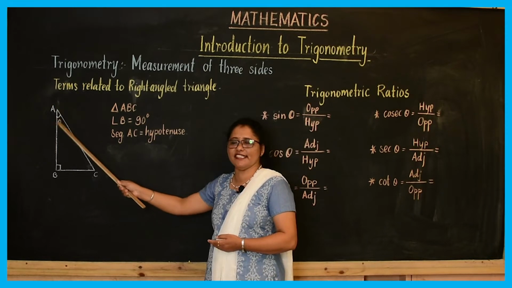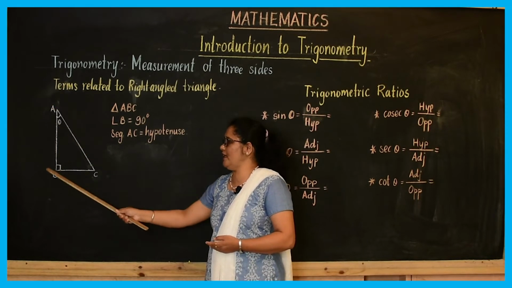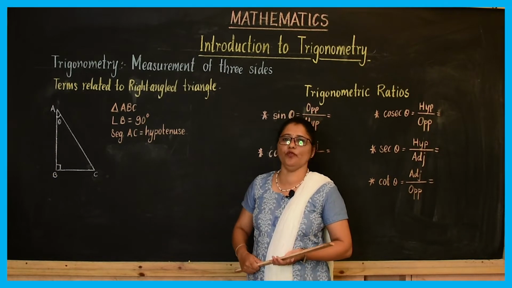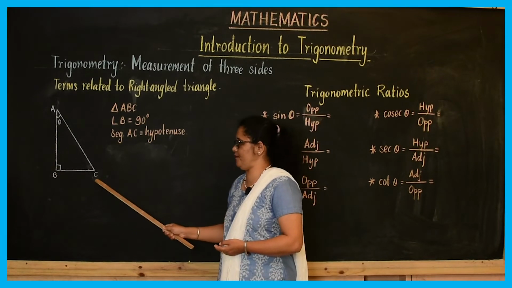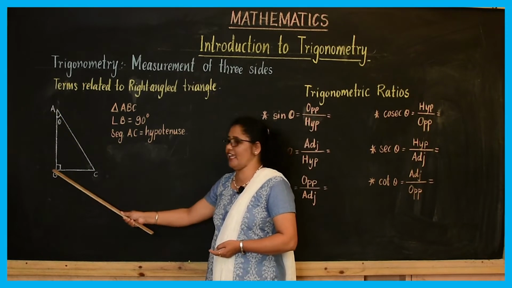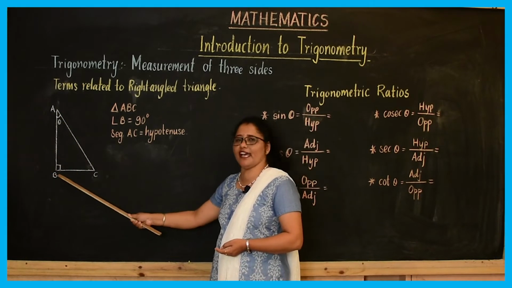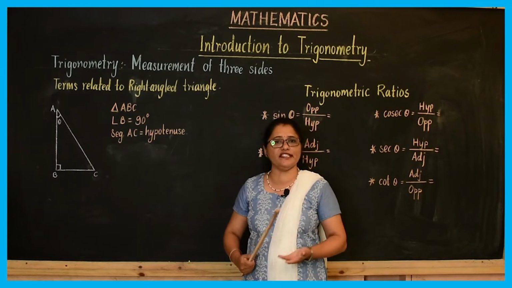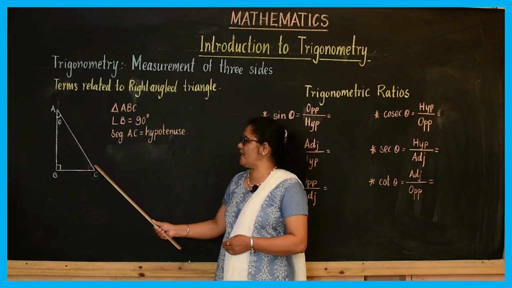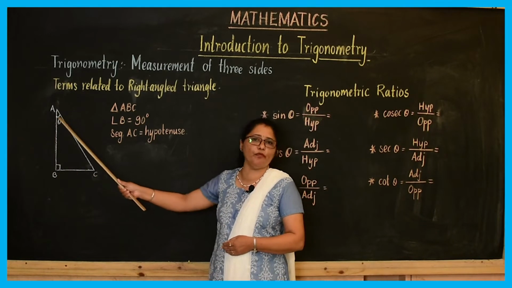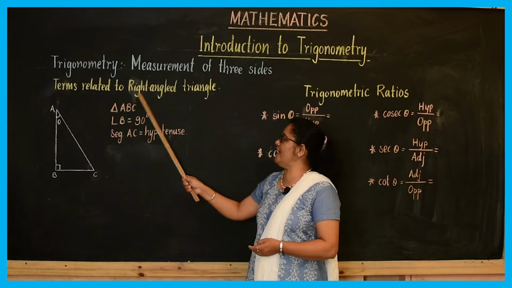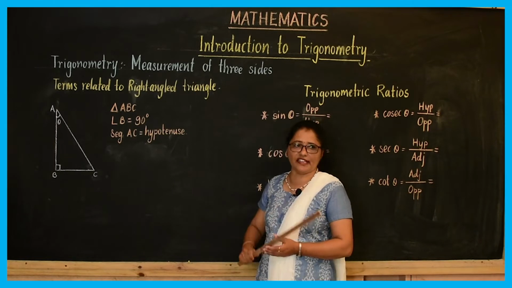The adjacent side of theta will be AB and the side opposite to theta will be BC. If we consider the other angle C as theta, then the adjacent side will be BC and the opposite side will be AB. So these are the terms that are related to the right angled triangle.